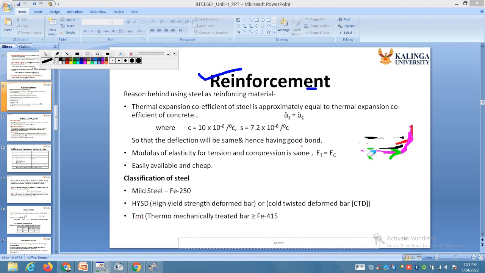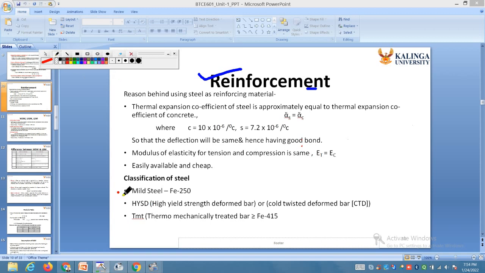Now reinforcement in RCC structures is of three types: mild steel, HYSD steel, high yield strength deformed bars, and TMT, thermomechanically treated bars. The major classification of steel bars is of two types.